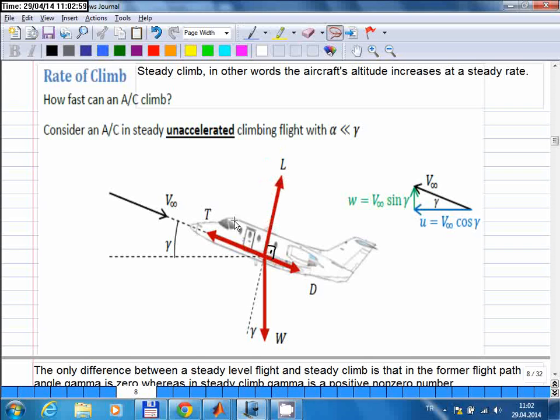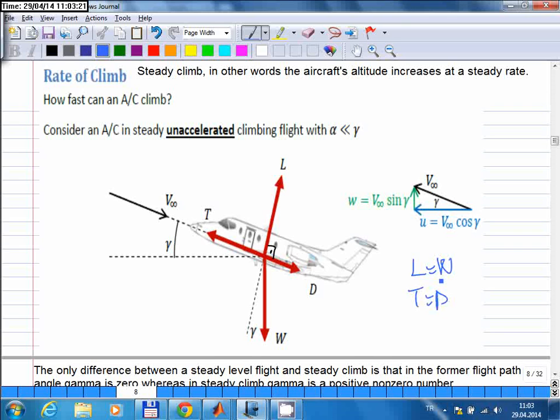If you remember that, we said it's a steady flight, then we equated all the acceleration terms to 0, and then we said it's a level flight, and that meant the flight path angle is 0, and then after all those simplifications we arrived at these simple equations, right? Lift should be equal to the weight and thrust should be equal to the drag force.